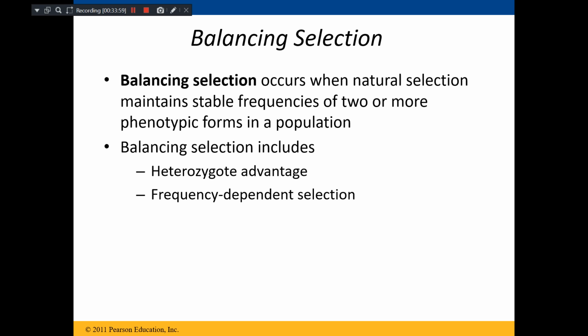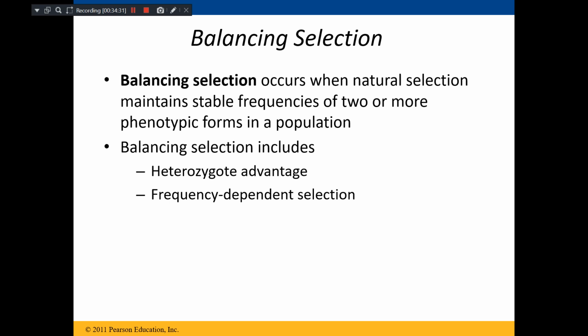Then, talking about the balancing selection, natural selection maintains stable frequencies of two or more phenotypic forms in a population. Don't be under the impression that natural selection will select only one character. No, it may select stable frequencies of two or more phenotypic forms in a population.